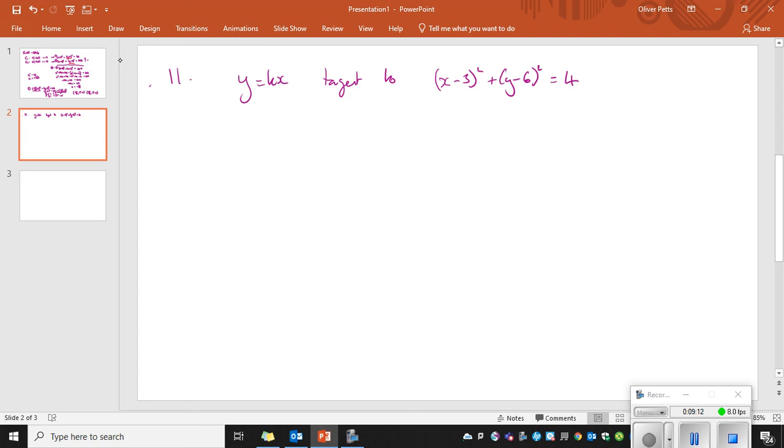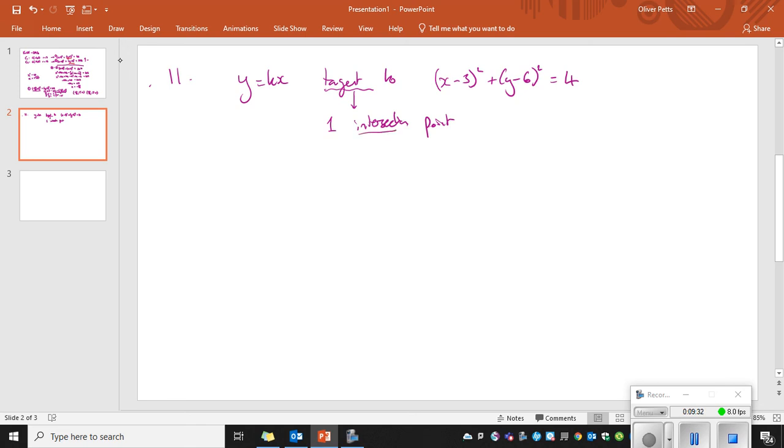So I need y equals kx to be a tangent to this circle. Now, for it to be a tangent, that means there is going to be one intersection point. So I need my straight line graph y equals kx to intersect my circle graph in one exact location.